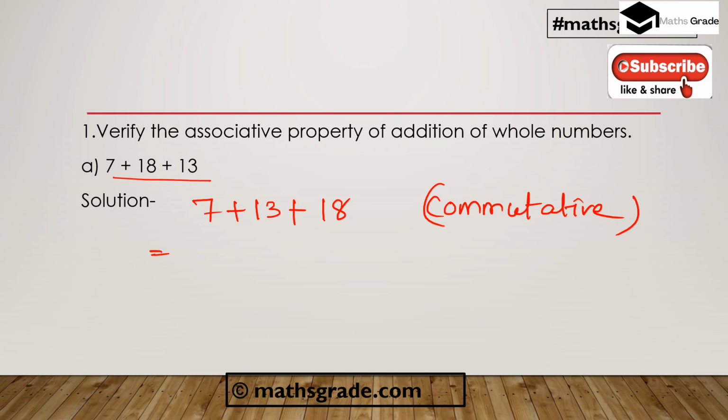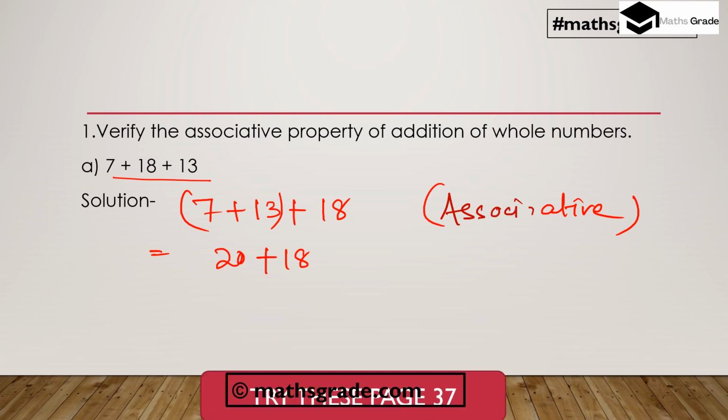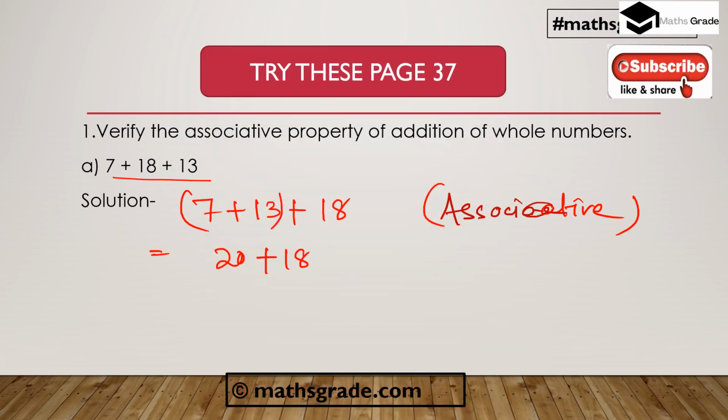Now 7 plus 13 is 20, and 20 plus 18 is, this is the associative property. Now 13 plus 7 is 20, 20 plus 18 is 38, and 38 is the answer.